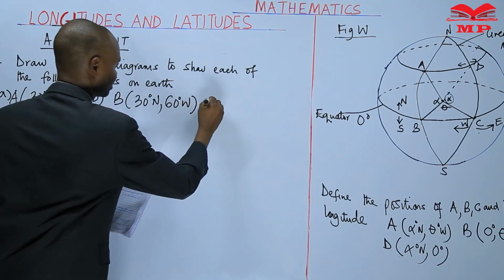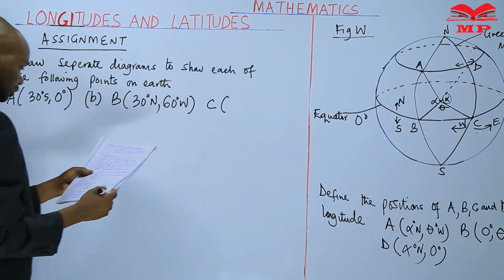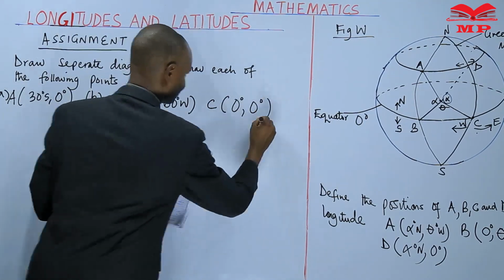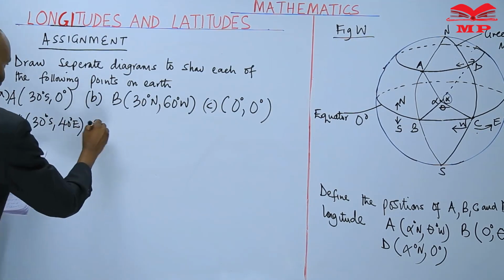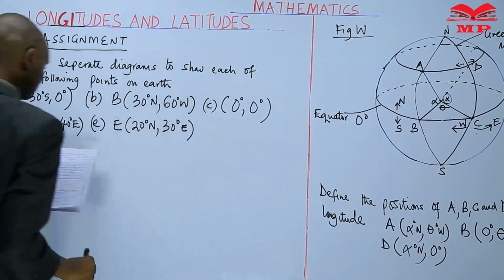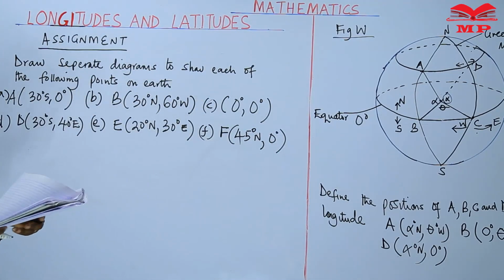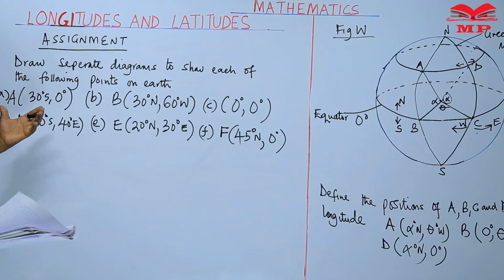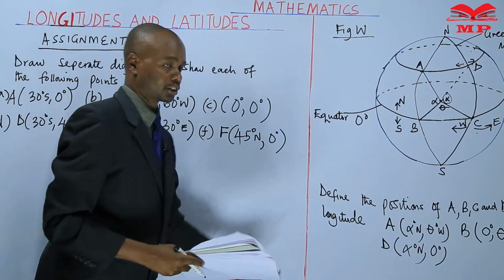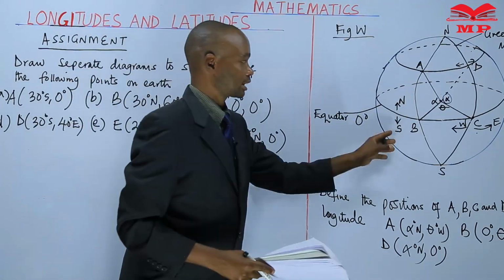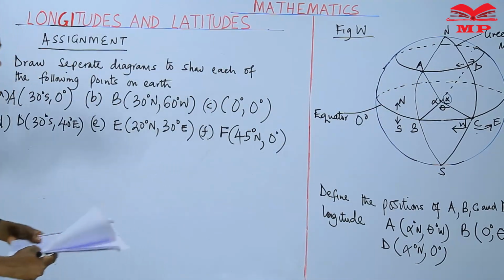Come to C, 0, 0. So learner, those are the positions you'll identify. You'll actually have how many diagrams? 1, 2, 3, 4, 5, and 6. Each of them looking like that, but just showing every position for each diagram.